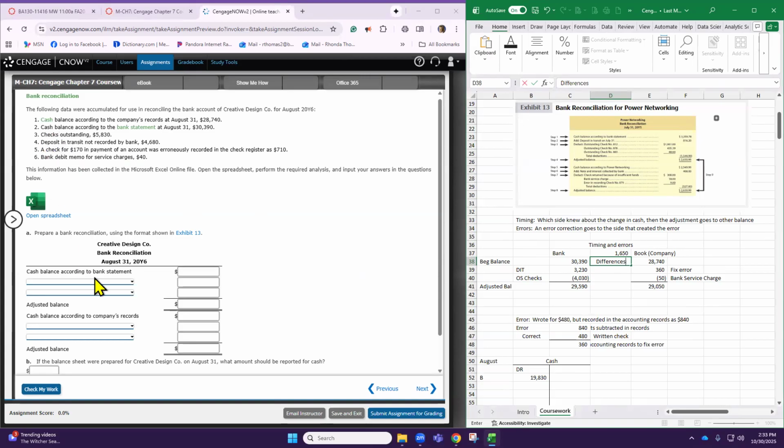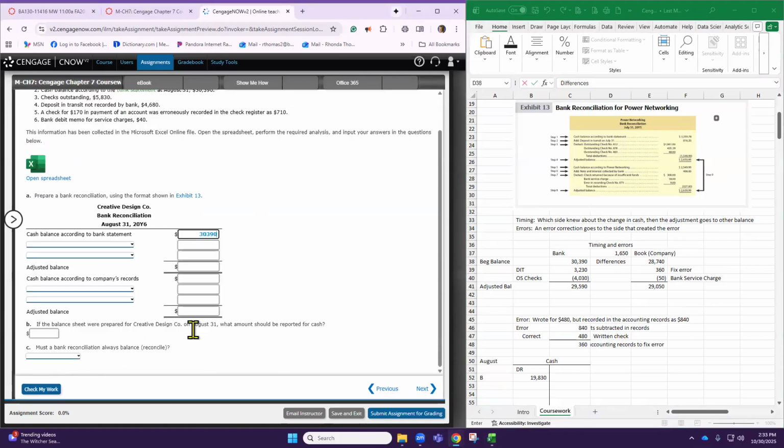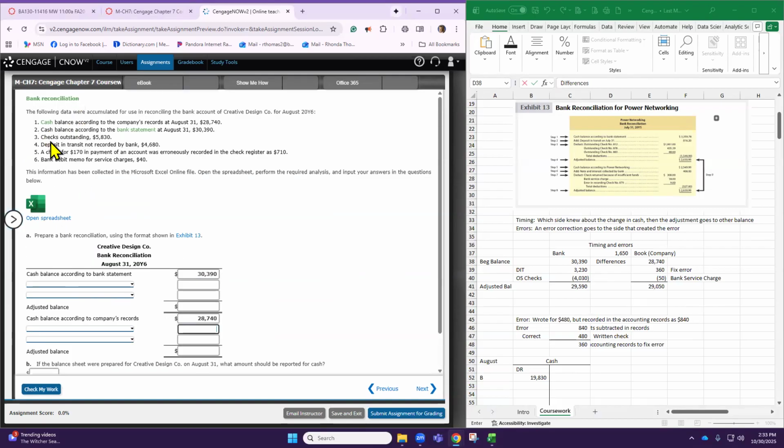Okay, the first thing, so let's go ahead and put these totals in. This is according to the bank statement, and this is according to the company's records. Okay, so I've got them here and I've got them there. The first thing that we have is checks outstanding. Who wrote the checks? Well, the company did.